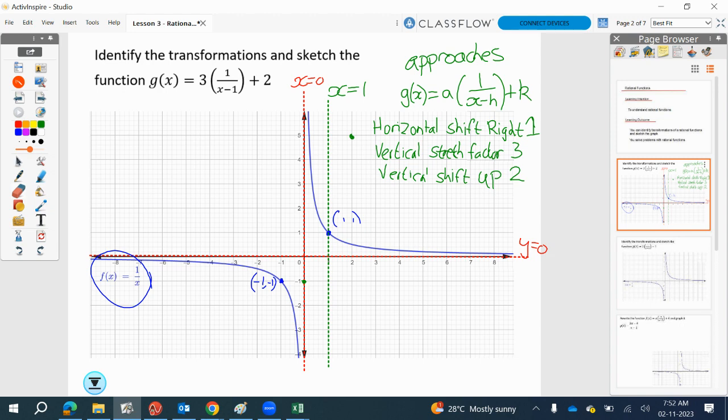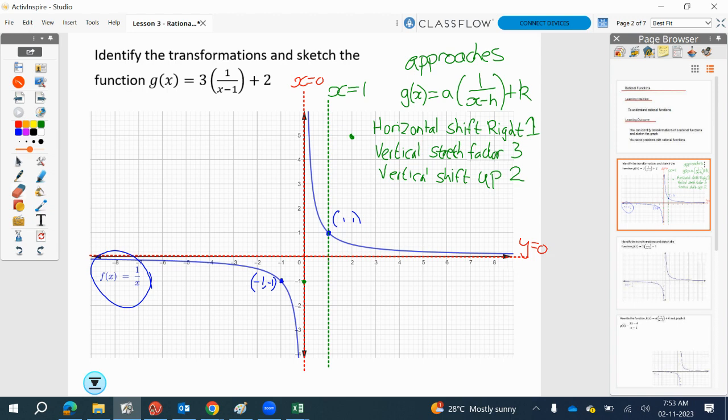So what about the horizontal asymptote? Where is that going to go? Would the horizontal asymptote, that's this one, get shifted right and left? It can, but we won't notice the difference. Is it going to get stretched upwards?